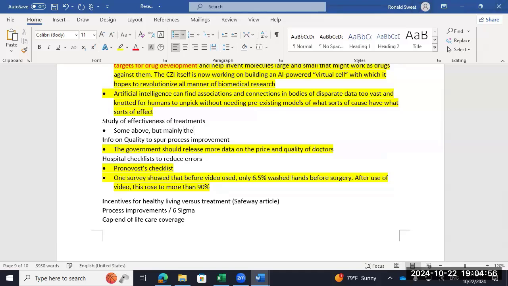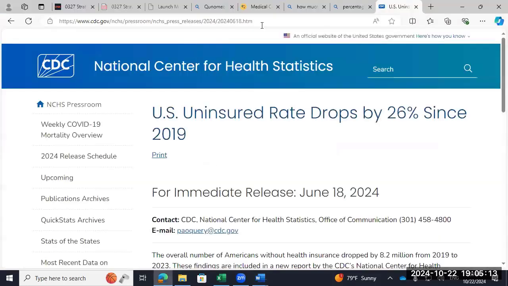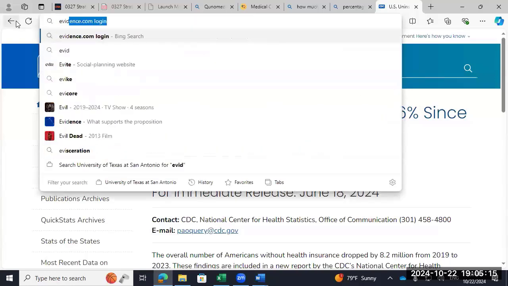Mainly the movie. We'll get into this a little bit in Porter. It's called evidence-based medicine. You can actually find that pretty easily.